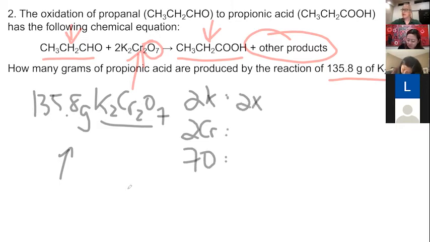So potassium has a mass of 39.098. And chromium, I have 2 times 51.996.